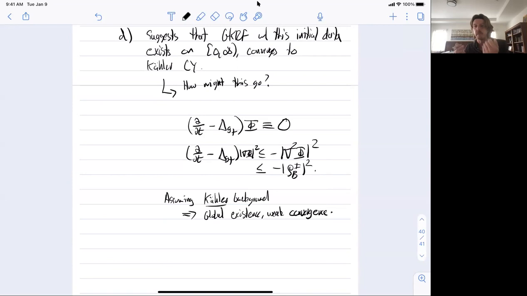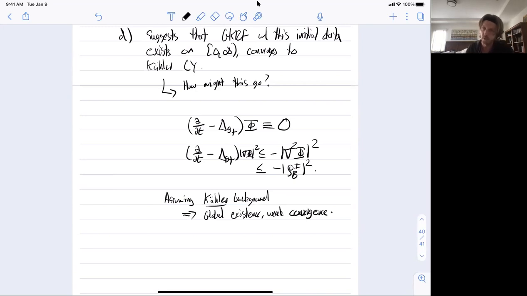You could talk about this deformation class governed by this flow construction, and you could ask, can I find a Calabi-Yau structure where this phi is constant in every deformation class? That's certainly a natural question, and it may be possible to set it up as an elliptic PDE, but the generalized Kähler-Ricci flow is just a really natural way to approach that.